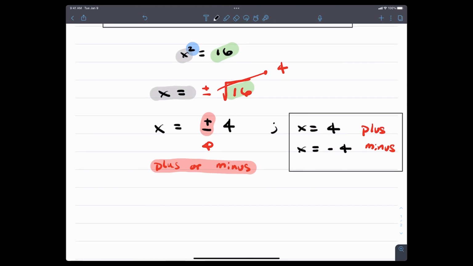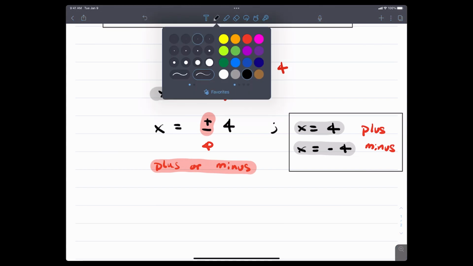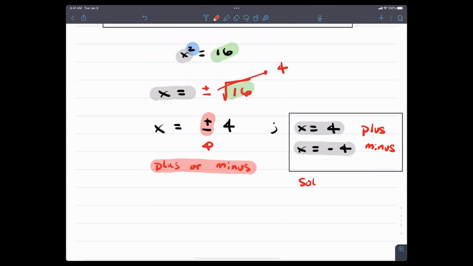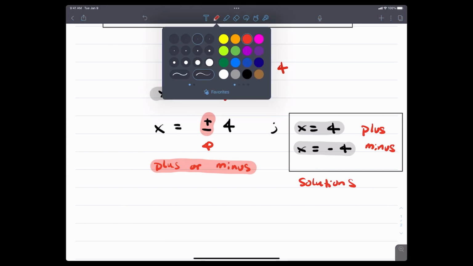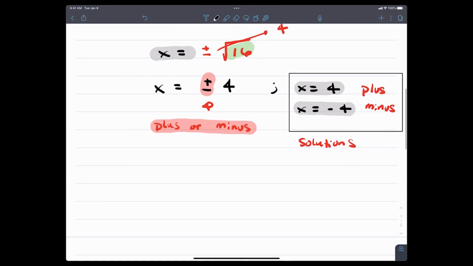So ladies and gentlemen, you just solved, these are your solutions: x is 4, x is negative 4. These are called solutions to the quadratic. Sometimes we put our solutions in set notation, and we list it 4, comma, negative 4.